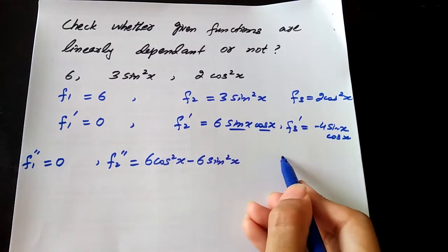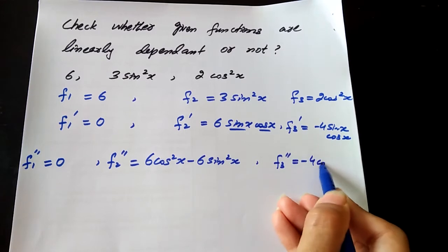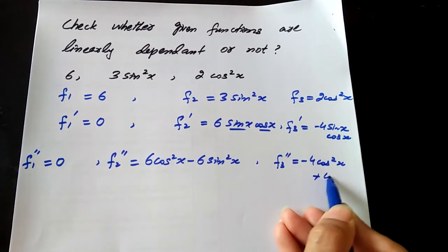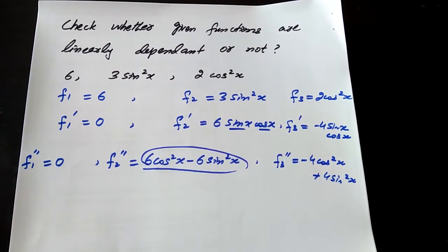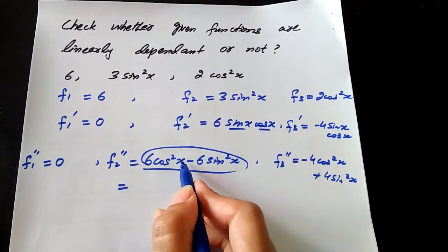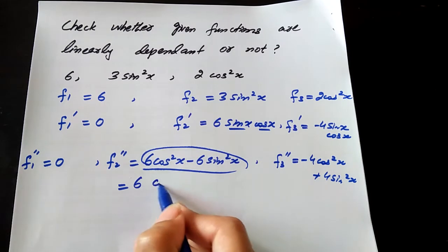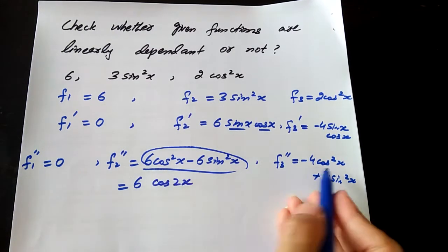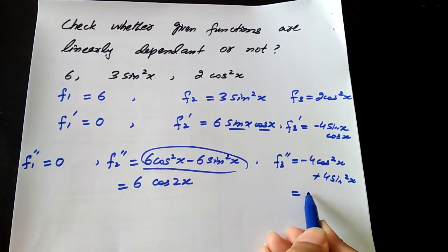Now f3 double dash will be equal to minus 4 cos square of x plus 4 sine square of x. You can simplify it further by using an identity. Take 6 common, and the rest will be an identity called cos 2x. Take 4 common and the rest of the identity will also be cos 2x.